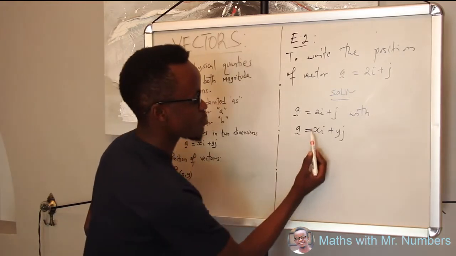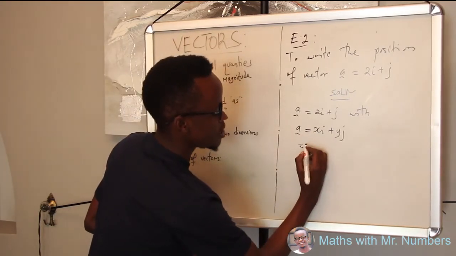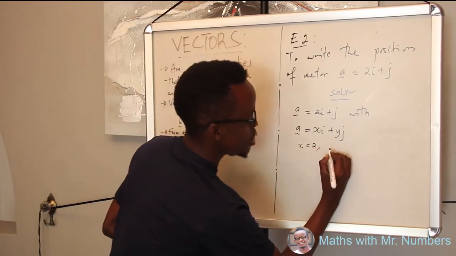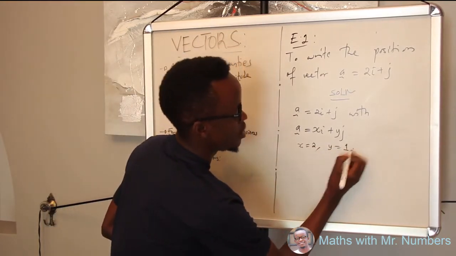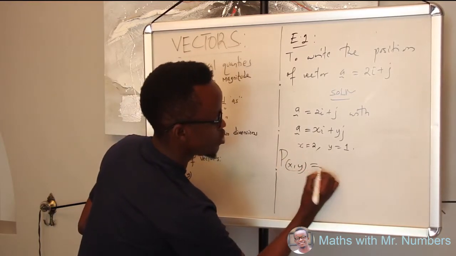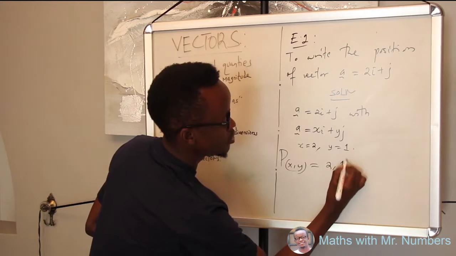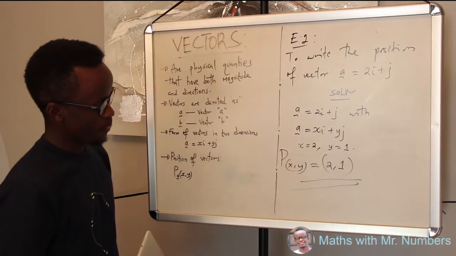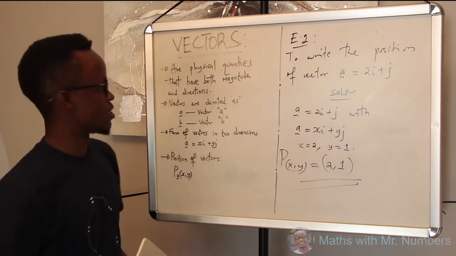Therefore, by comparison, the value of x is 2, and the value of y is 1. Therefore, the position of this vector x, y equals 2, 1. This is how to write the position of given vectors.